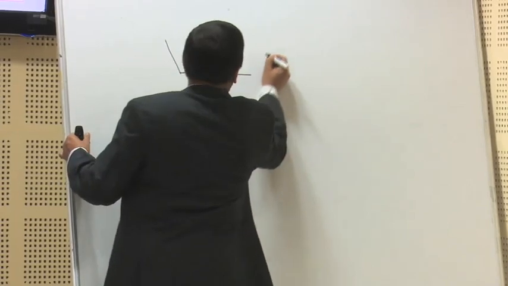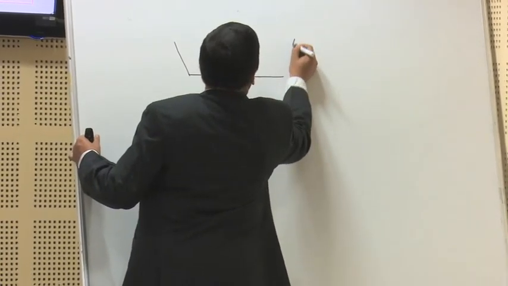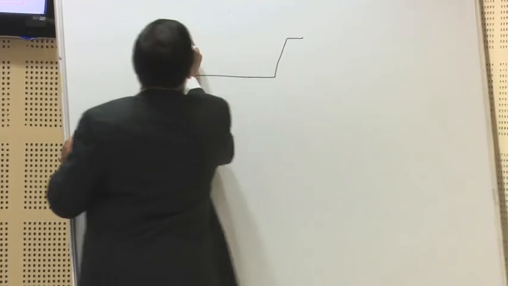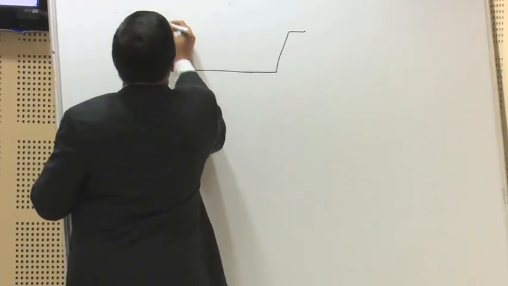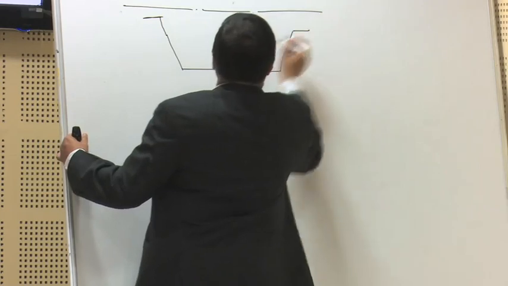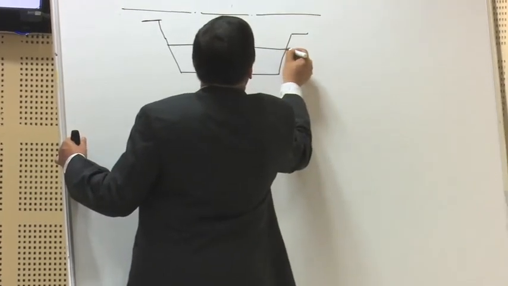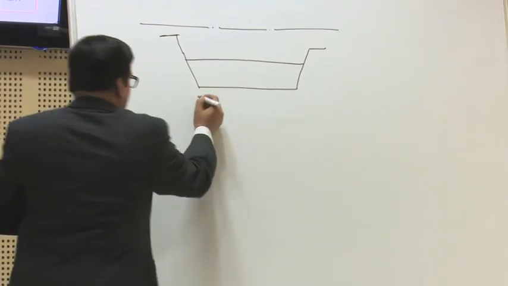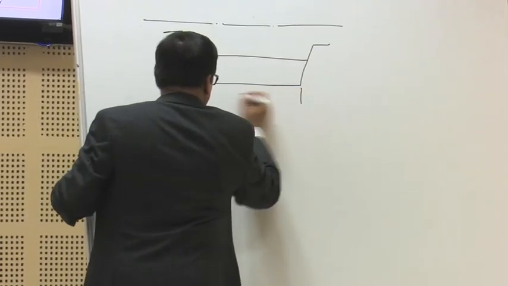If I draw a half section of the mill, let us say this is there and you know this length.